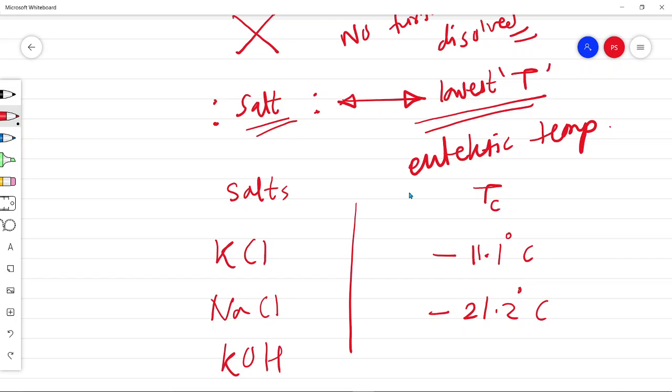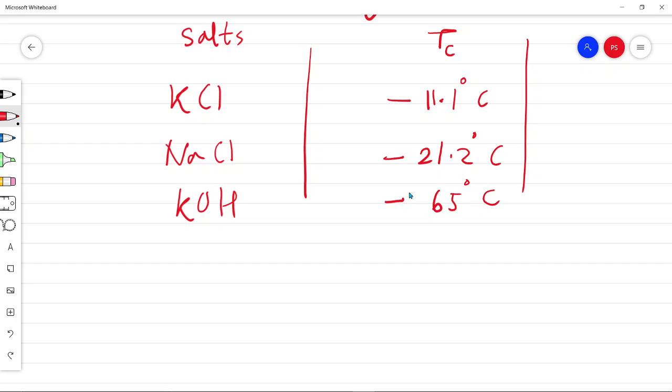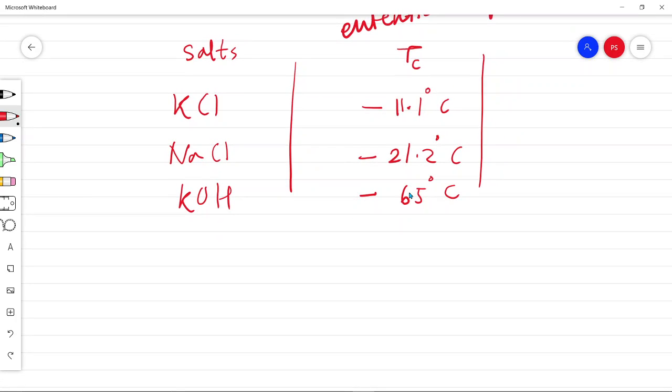KOH has a very low eutectic temperature of minus 65 degrees Celsius. So adding of salt or an acid, and using its property of getting dissolved into the water, was used traditionally for many years, before the advancement of technology, to achieve such low temperatures.